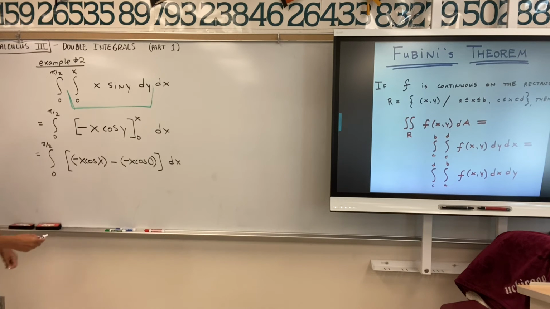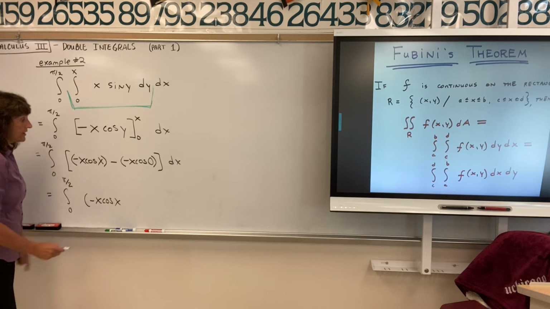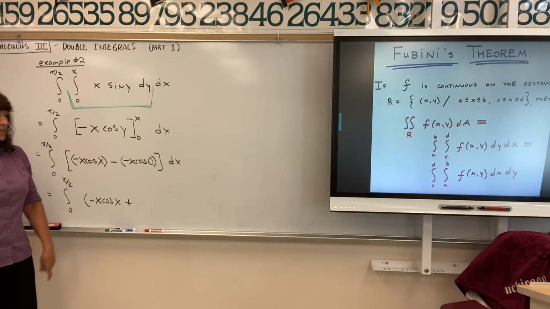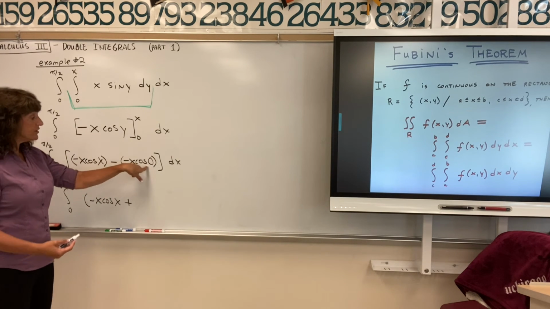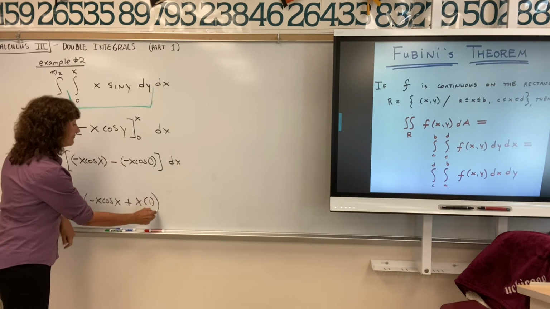Evaluate each of these and simplify a little bit, so you have 0 to pi over 2, okay? First term is negative x cosine x, okay? Minus a negative, so that's a positive term, okay? The cosine of 0 is 1, so you're going to have x times 1 when you compute that, okay?